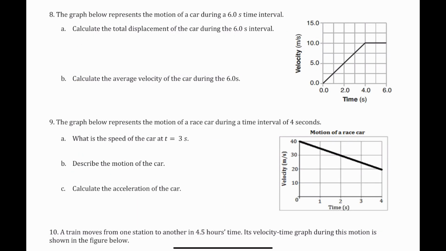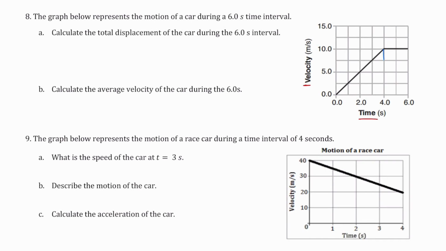8. The graph below represents the motion of a car during a 6-second time interval. A. Calculate the total displacement of the car during the 6-second interval. To get the displacement in a velocity-time graph, we need to get the area under the curve.